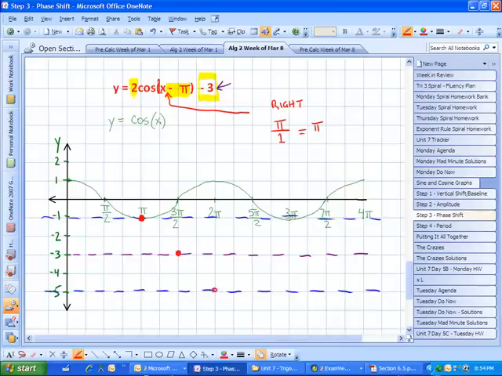At the next one, it's at the bottom. Back to the baseline. Back to the top of the amplitude. There are our 3/4 of our graph divided up by our 5 points. Got a nice cosine graph, but it's just moved over pi to the right, and it's taller than normal, and it had been shifted down.